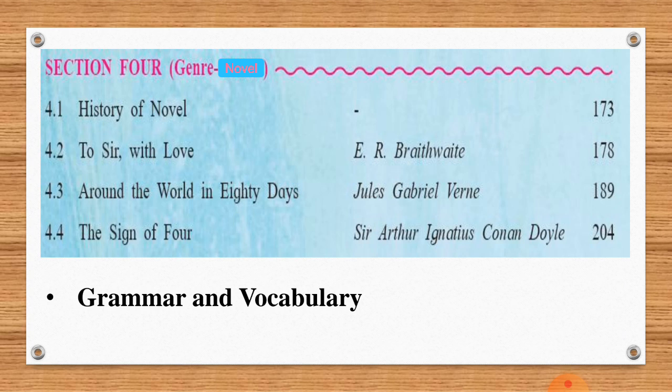Then the second novel, Around the World in 80 Days, written by Jules Gabriel Verne. And the title of the last novel is The Sign of Four, written by Sir Arthur Ignatius Conan Doyle.